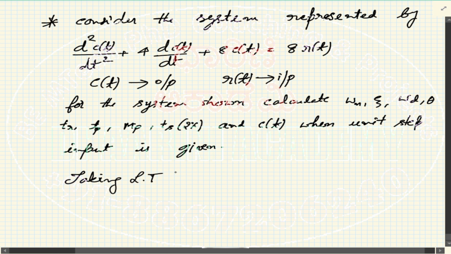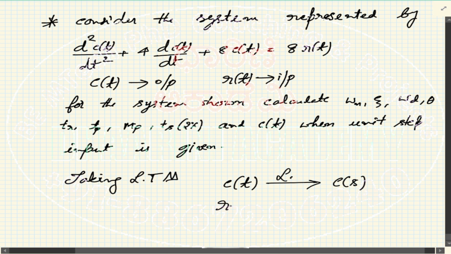Taking Laplace transform, if c of t has a C of s, c of t becomes C of s in the Laplace. What happens to the d square c of t by dt square? So this is the representation. C of t has the Laplace transform C of s.